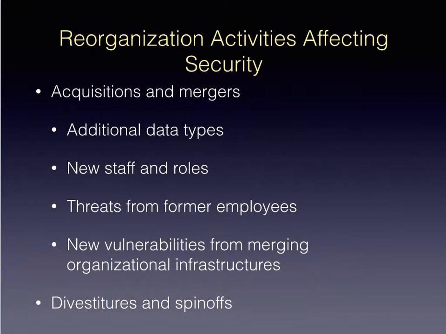This also can affect security and the safety of the data that was collected when the two organizations were one. These activities are important because we must protect the data no matter where it's going or where it's coming from. And it's important that all new staff coming from an acquisition or merger understands the policies of the parent organization and what's expected of them.